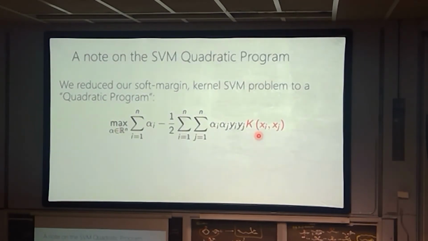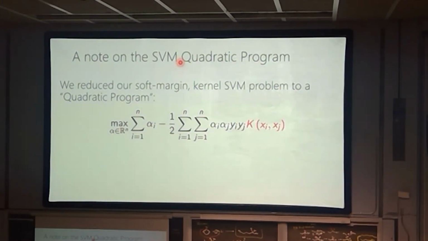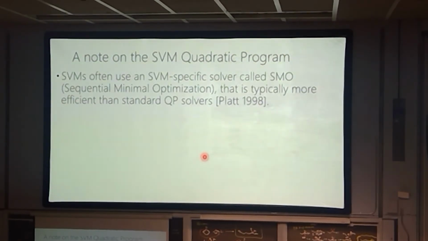One other small note here: I have over and over said, okay, we've reduced this to a quadratic program, go call a regular quadratic solver for these kinds of problems. This being the final kernel SVM, soft margin. But it turns out that in practice, people actually do use specialized solvers that can be more efficient.